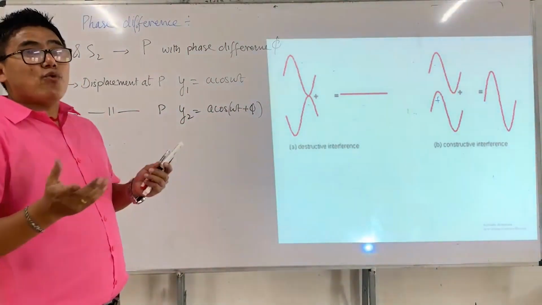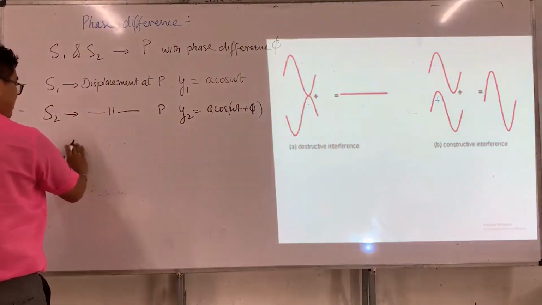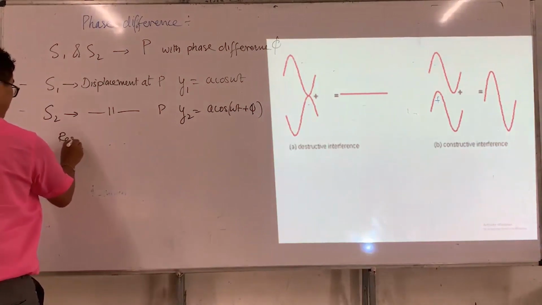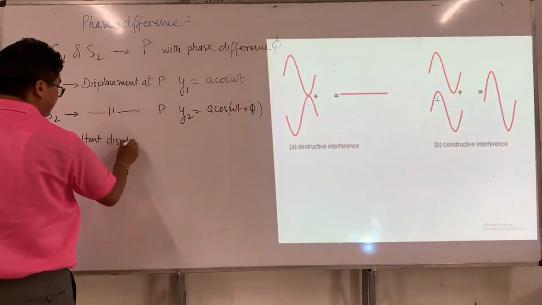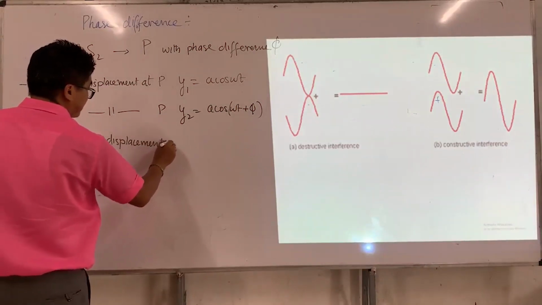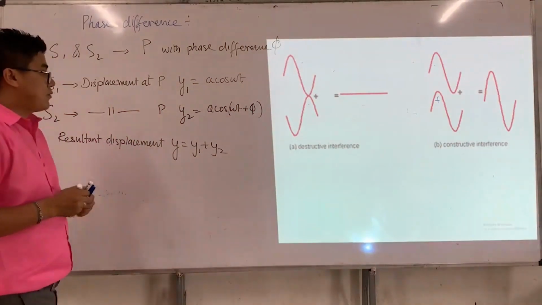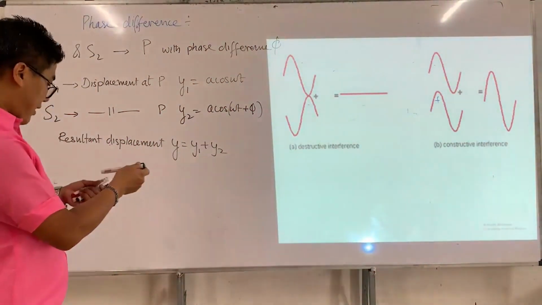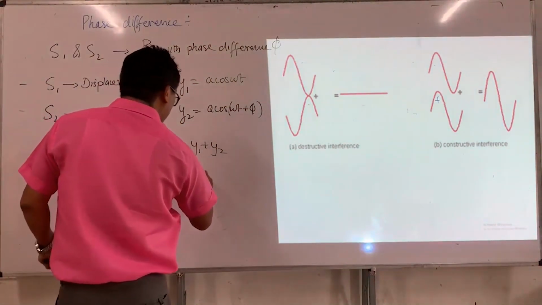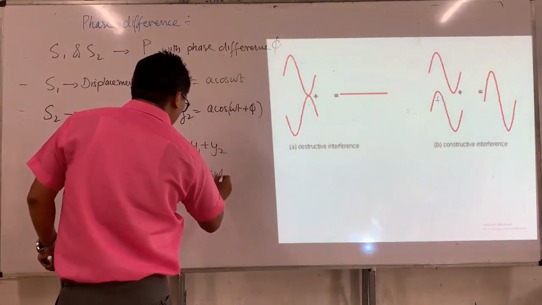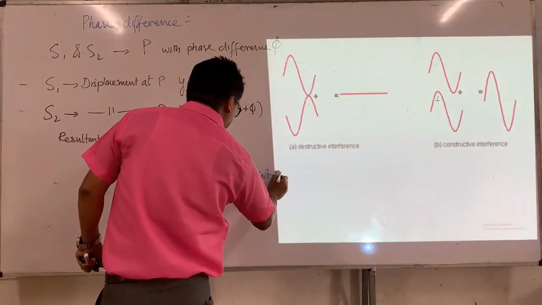Now I'm going to combine two waves using the superposition principle. So the resultant displacement is going to be y equals y1 plus y2. That means y is equal to A cos omega t plus A cos (omega t plus phi).